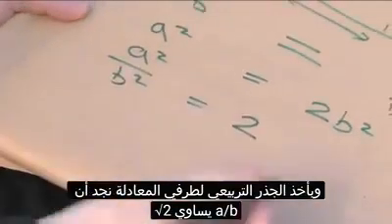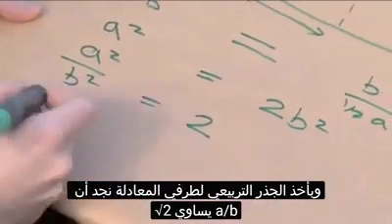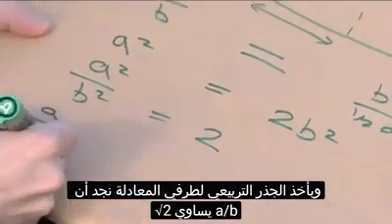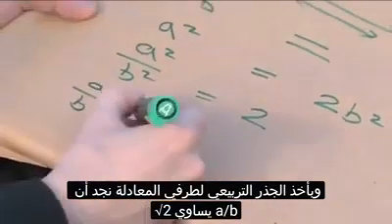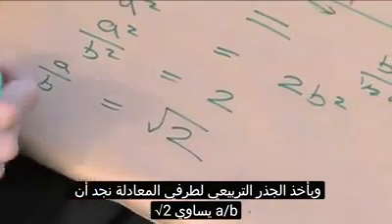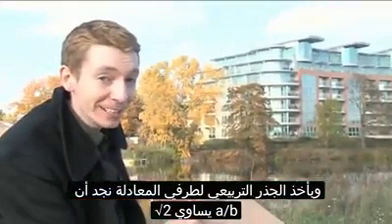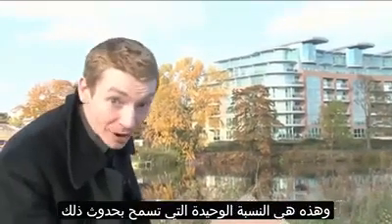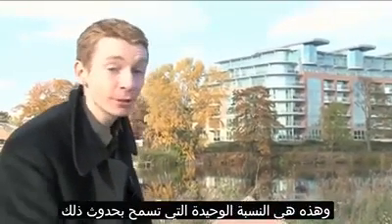Or square root both sides, and you'll get A divided by B on the left, and on the right you get the square root of 2. And this was actually the ratio we wanted to find. The only ratio where this works is the square root of 2.